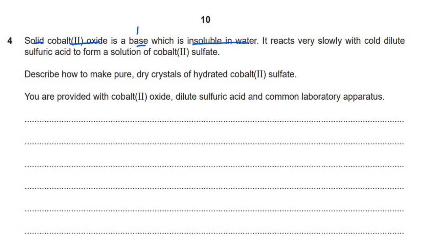Now remember, it's a base insoluble in water. It reacts very slowly with cold dilute sulfuric acid to form a solution of cobalt 2 sulfate. Describe how to make pure dry crystals of hydrated cobalt 2 sulfate. You are provided with cobalt 2 oxide, dilute sulfuric acid and common laboratory apparatus.